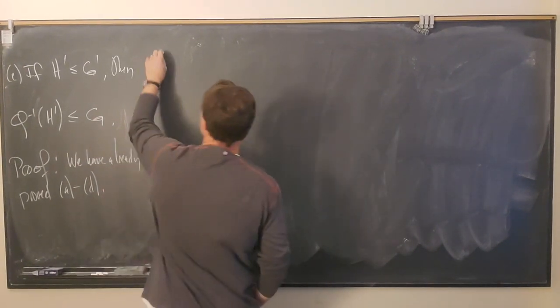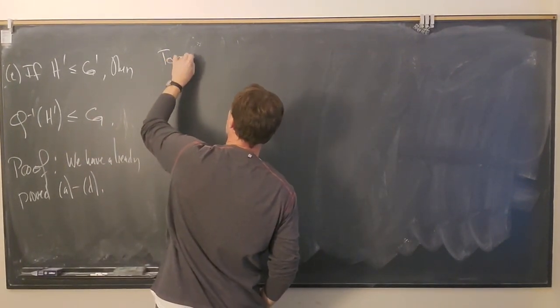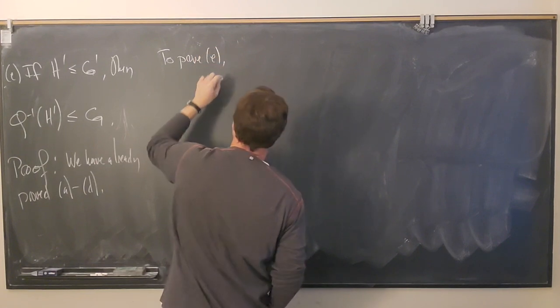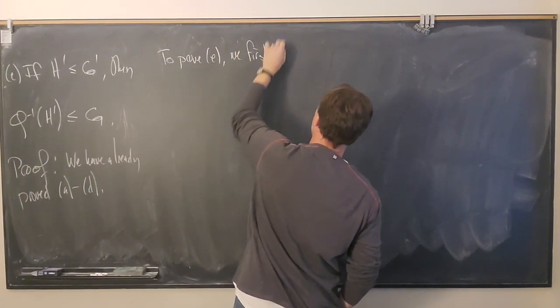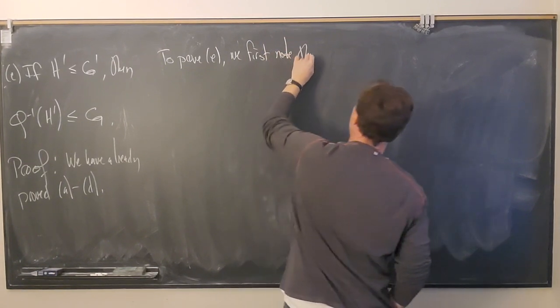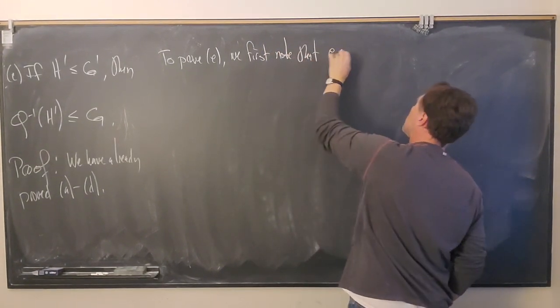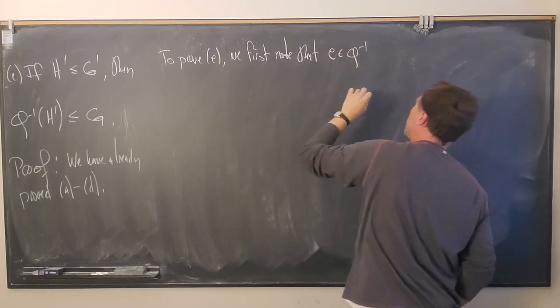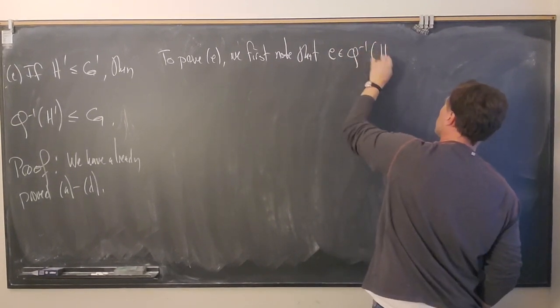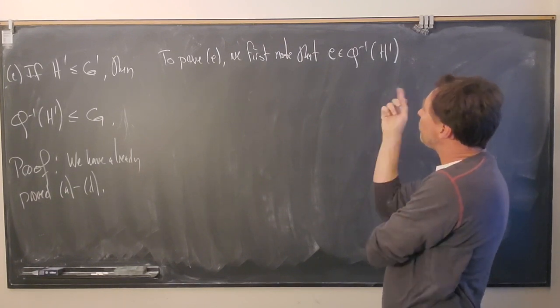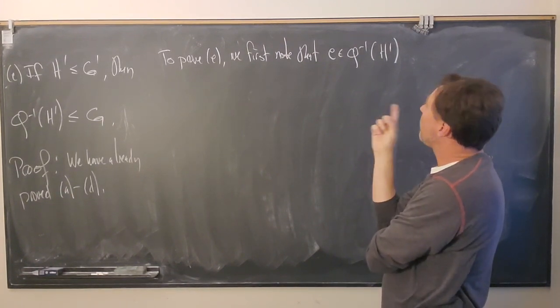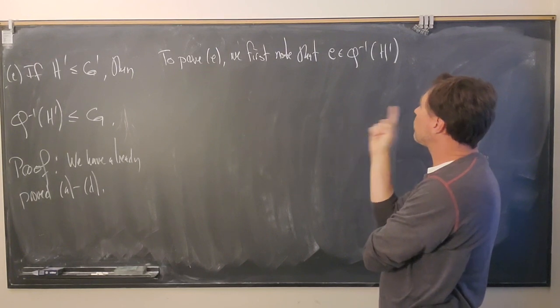So, to prove E, we first note that little e is an element of the inverse image of H prime. Why is that? Well, this follows from the fact that phi of e needs to equal e prime.